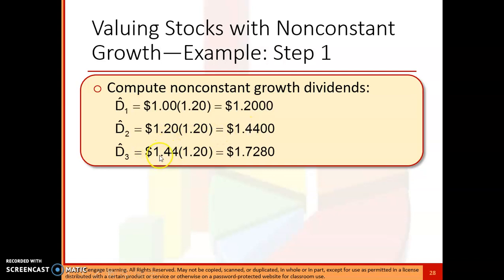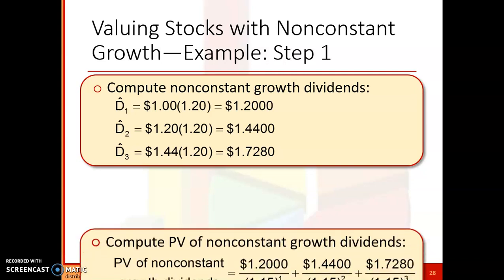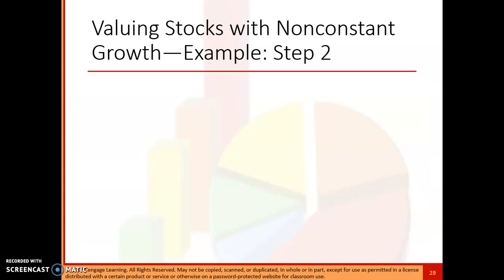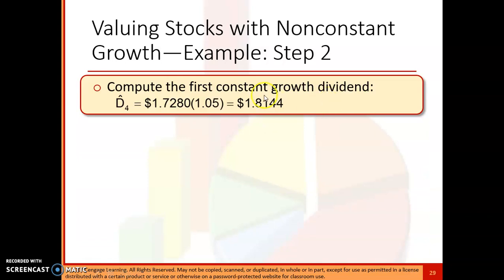And then we take that $1.44 and multiply it by 1 plus the growth rate and get $1.728. This is actually all you need to do. The next step is, as I mentioned multiple times, unnecessary. But anyway, we calculate the present value of all those dividends.